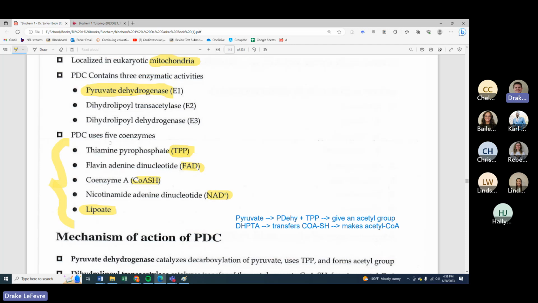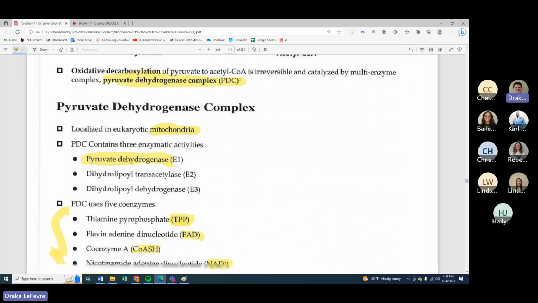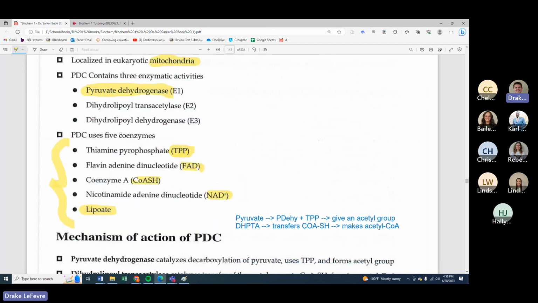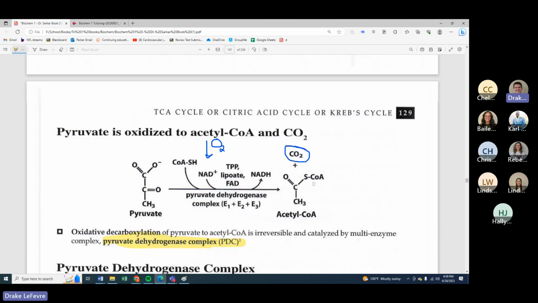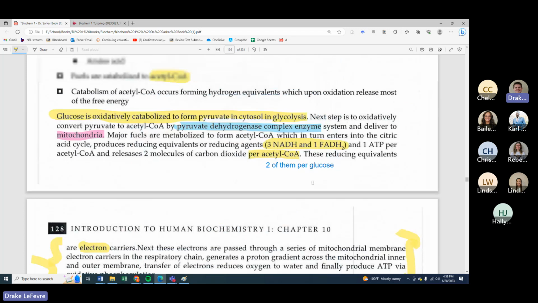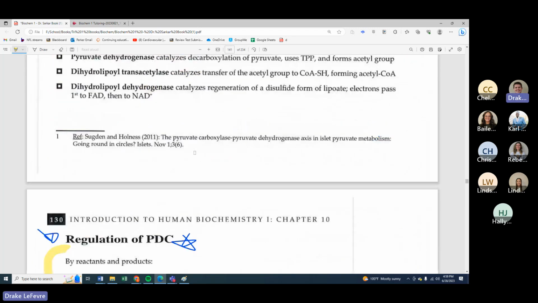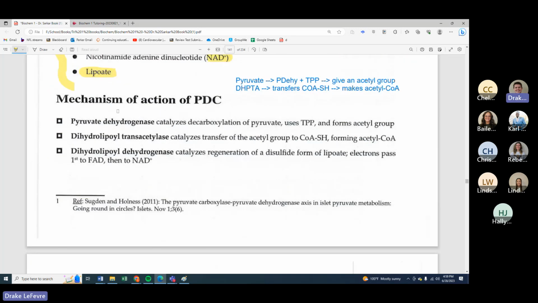From reading through this section, I feel like more than likely he'll ask questions about the coenzymes, or potentially the functions or mechanisms of action of PDC.